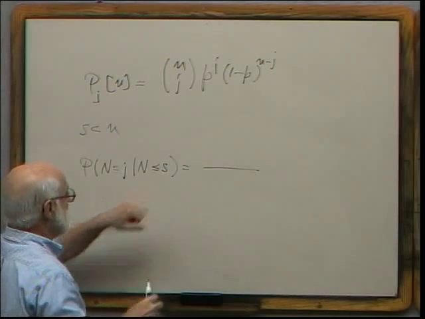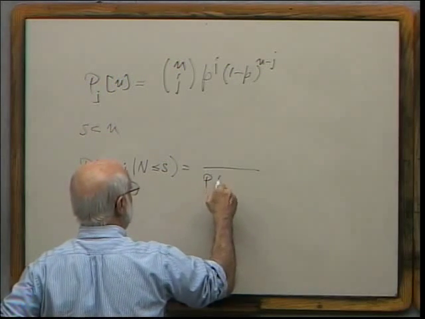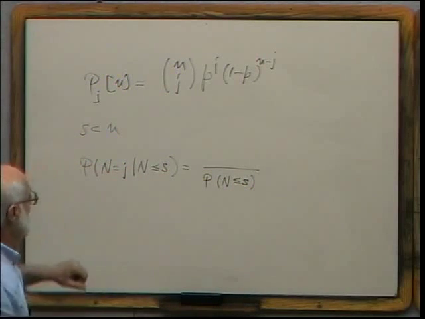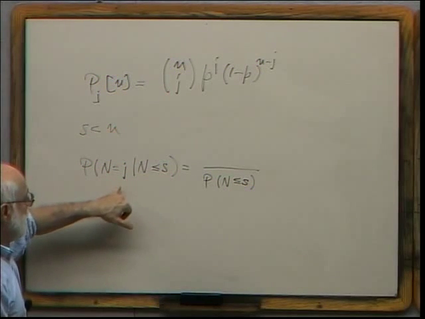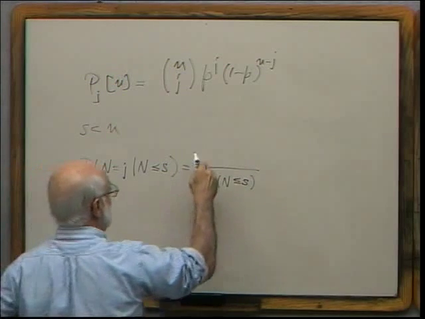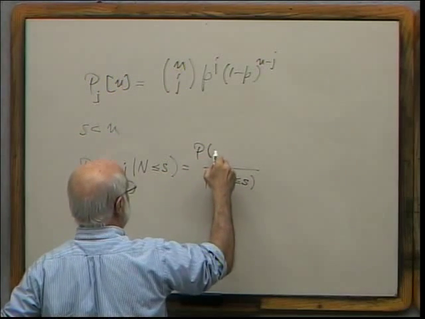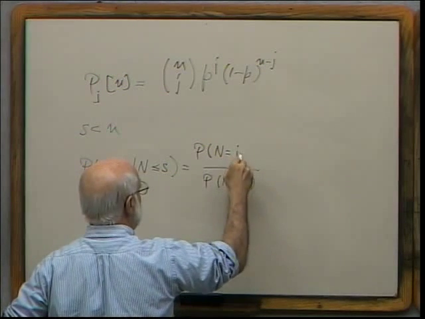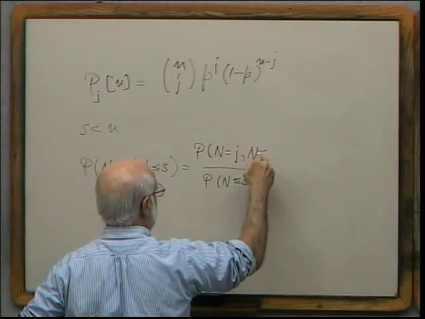Okay, so by the definition of conditional probability, that would be the ratio of two probabilities. The denominator is the probability of the event on which I'm conditioning, and the numerator is the probability of those two events jointly. In other words, it's the probability that the number in service is equal to j and the number in service is less than or equal to s.